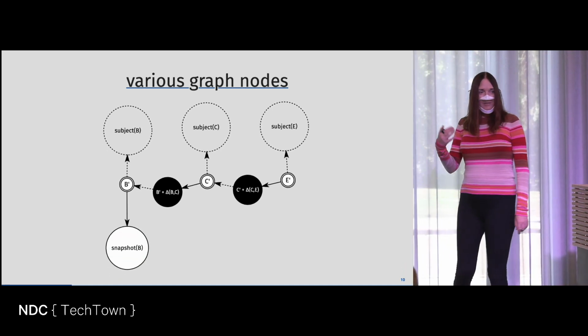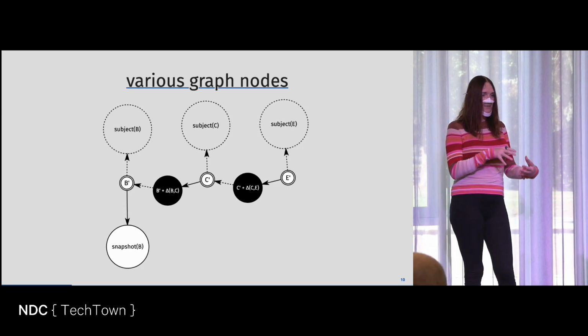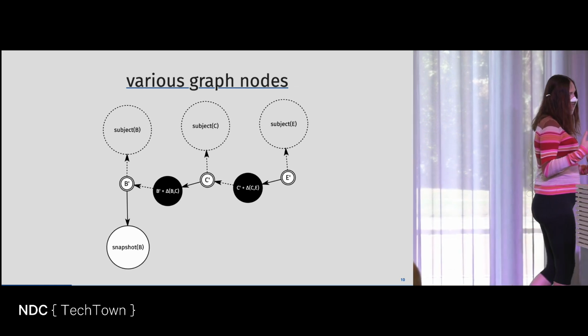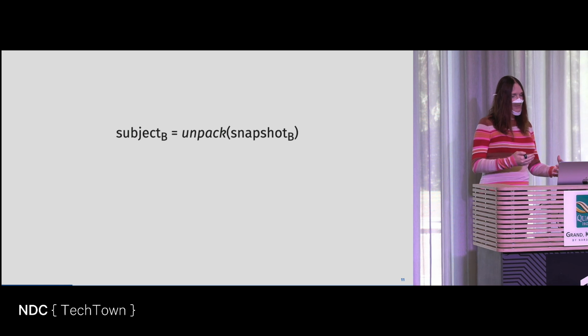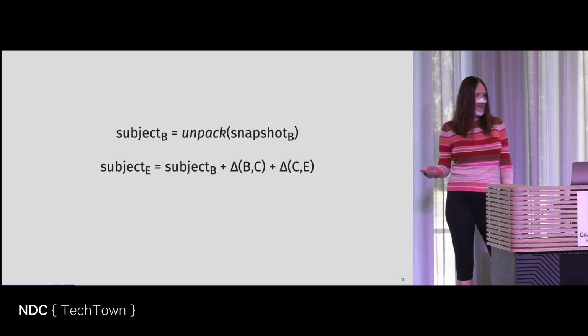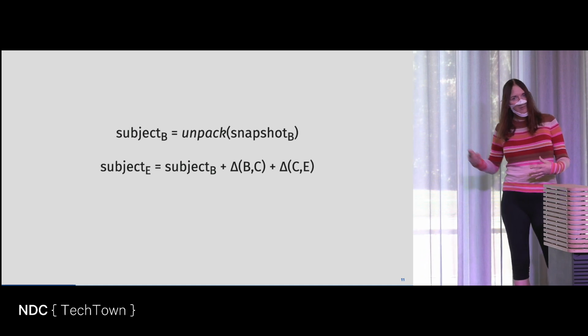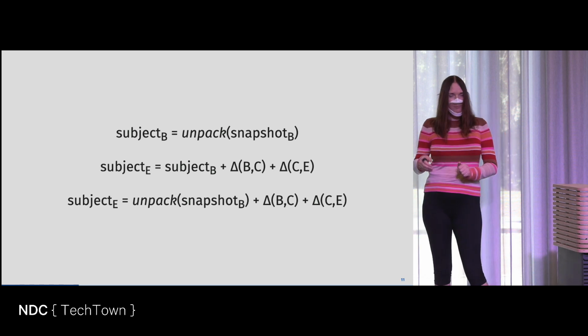And also some metadata can contain a snapshot, which is just a serialized subject. Somehow you need to start the graph, because a subject can be just an unpacked snapshot, or a snapshot plus multiple patches.